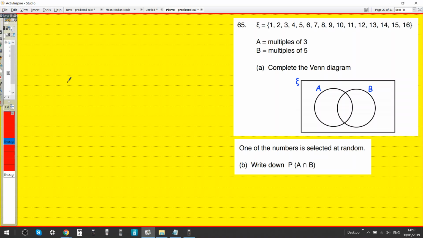So to put the numbers in A, we need multiples of 3. So 3 would go in A, 3 and 6 go in A. So A has two regions, the left and the middle. Oh, so we should start with the middle.